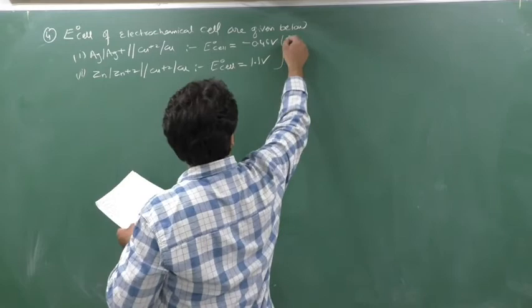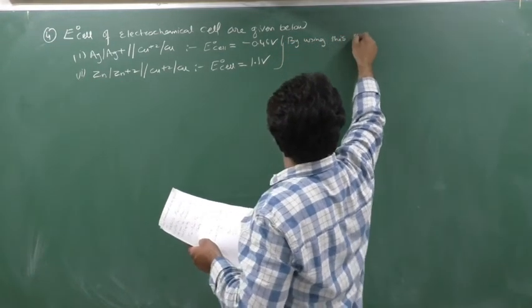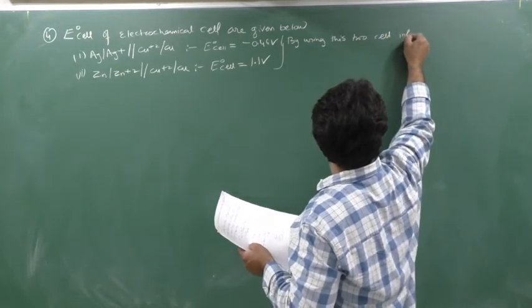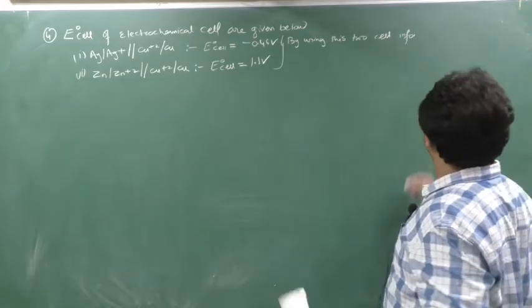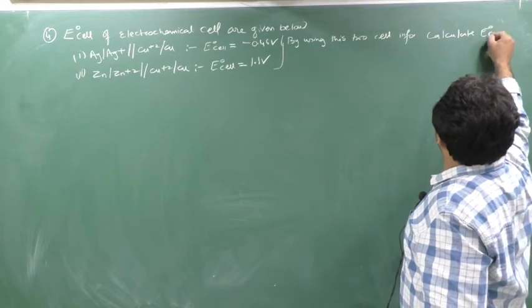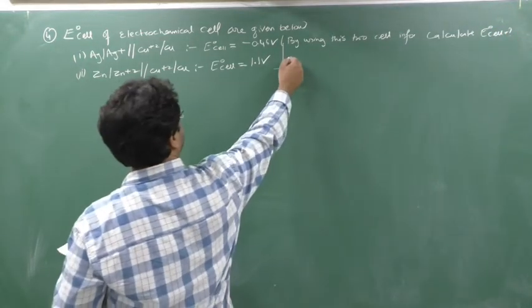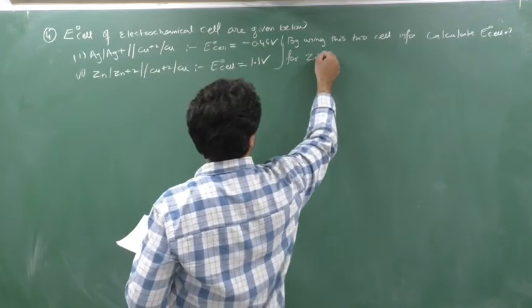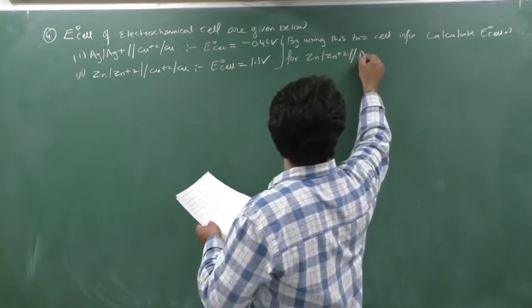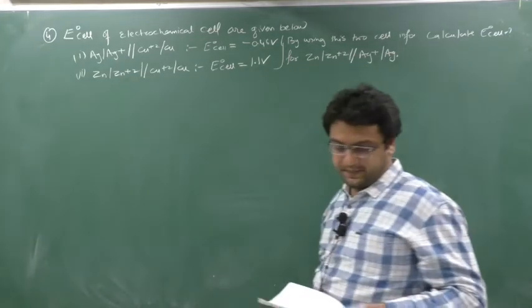They are telling by using these two cell info, means these two cell information, calculate E naught cell for Zn/Zn+2 salt bridge Ag+/Ag. Clear?